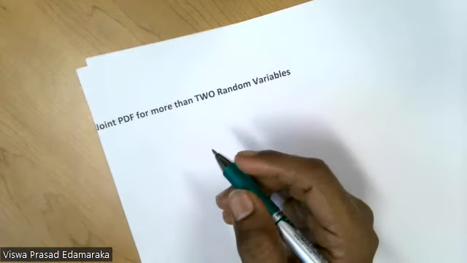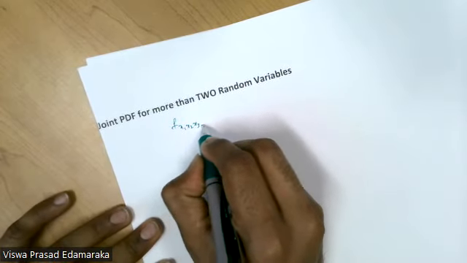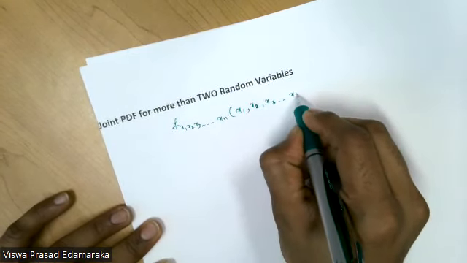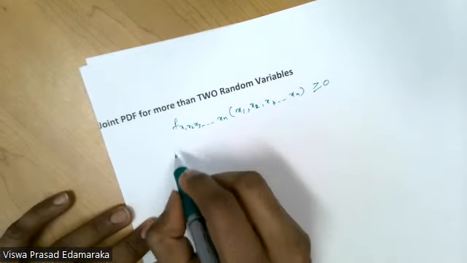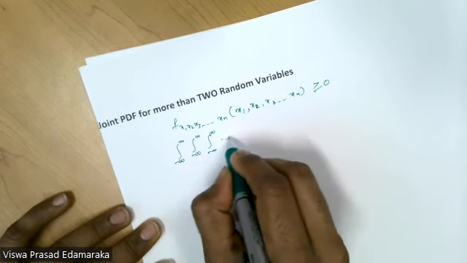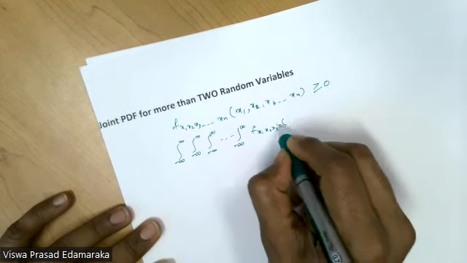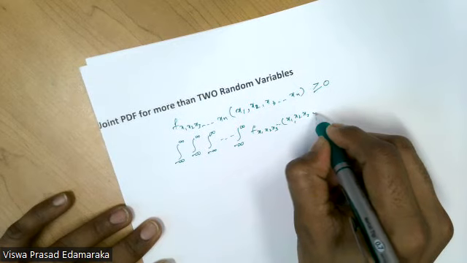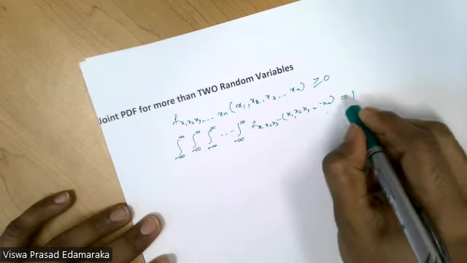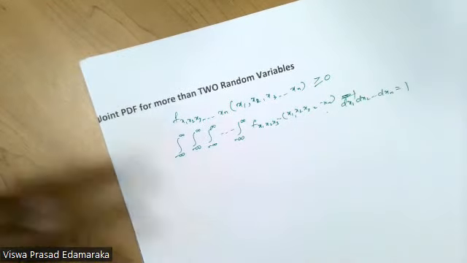Similarly, there are two conditions: f of x1, x2, x3 and so on up to xn is always greater than 0, and when we integrate over each term from minus infinity to plus infinity, f of x1, x2, x3 and so on xn with respect to dx1 dx2 and so on dxn is equal to 1.